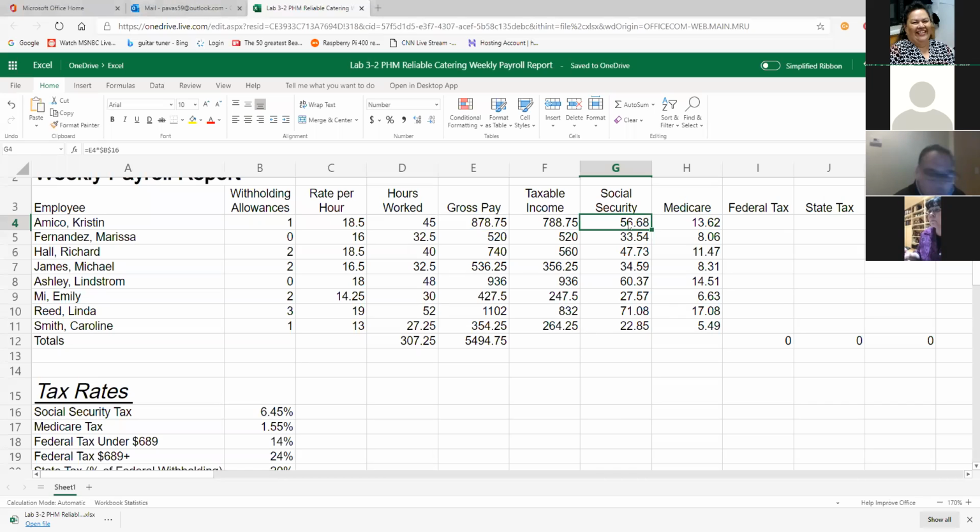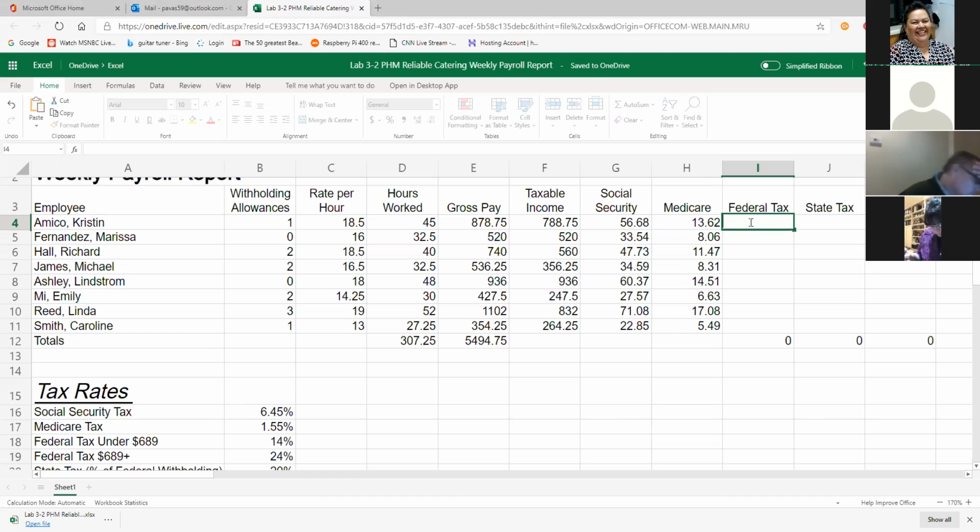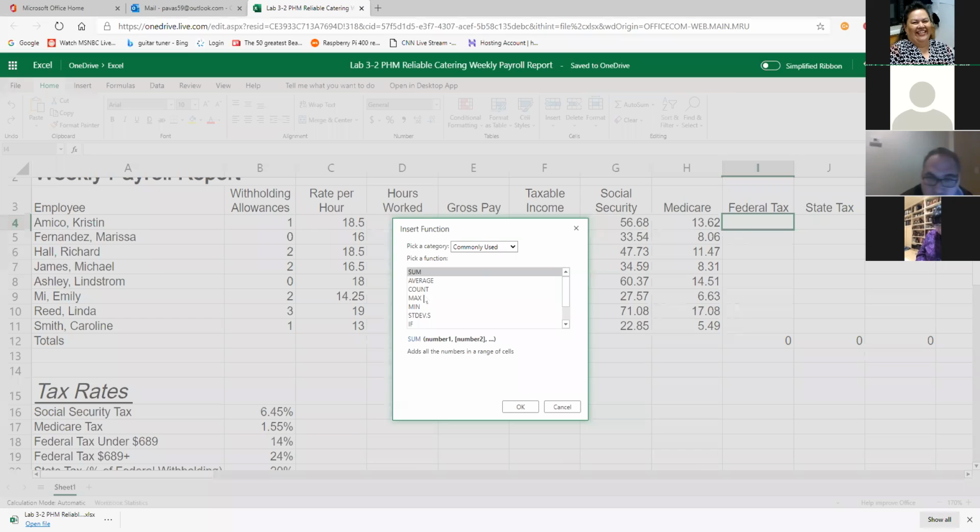So how we're gonna do that? Let me read it again. Calculate the federal tax. If an employee has a taxable income, so we're gonna go equals. It's the function key, remember, and the IF.